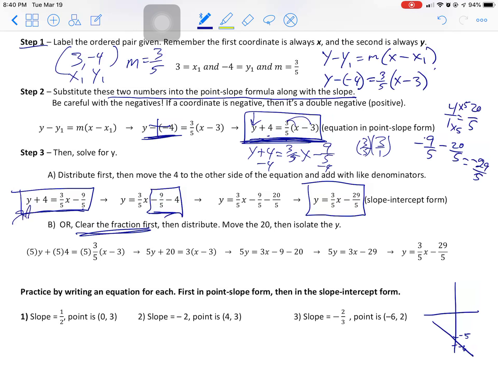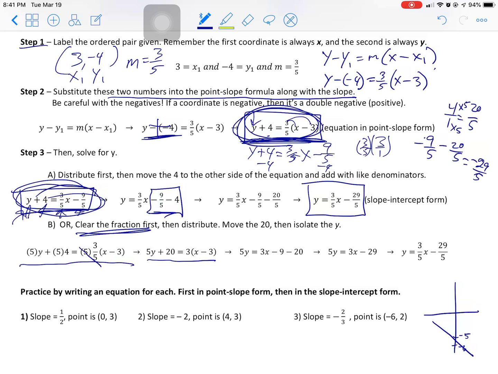So you multiply all 4 terms by 5. If you do it before you distribute, that'll take them out here. So you're not distributing that fraction. Okay, so you can either do it here or you can do it back up here, to clear that fraction out.